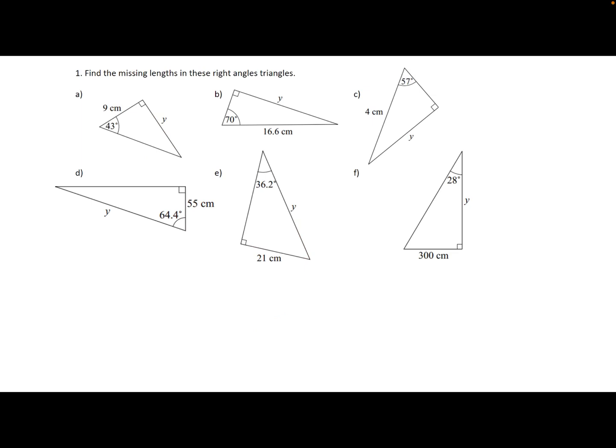Okay, to 3 significant figures, each of the answers is: this one 8.39, 15.6, 2.18 for C, D is 127 to 3 significant figures, not exact, 35.6 for the 5th one, and 564 to 3 significant figures for the last one. Again, none of those answers are exact, they're all rounded to 3 significant figures.